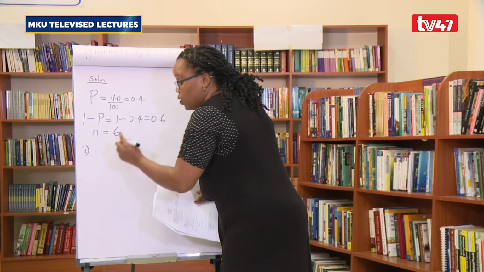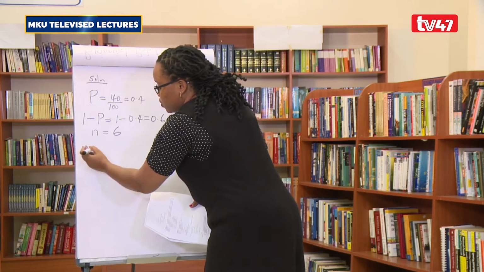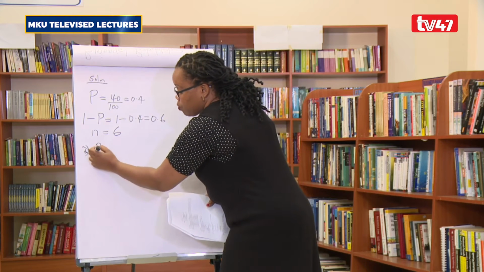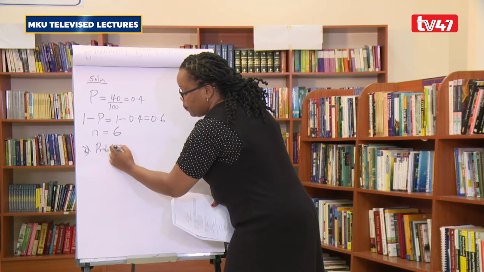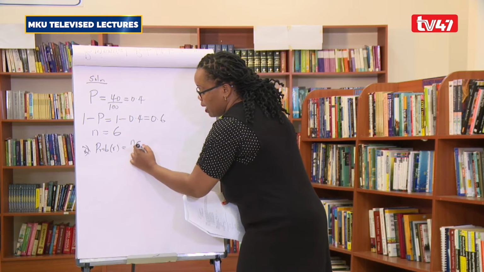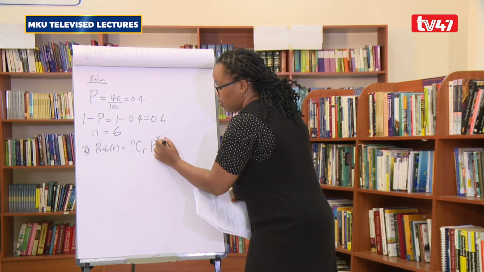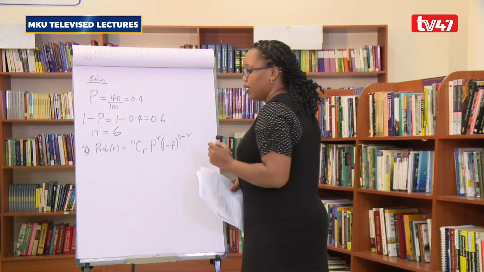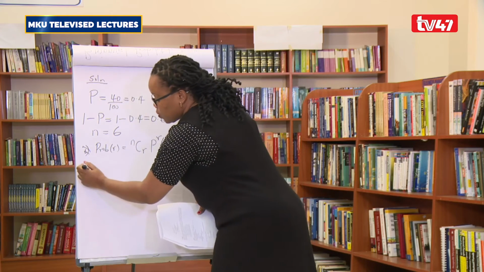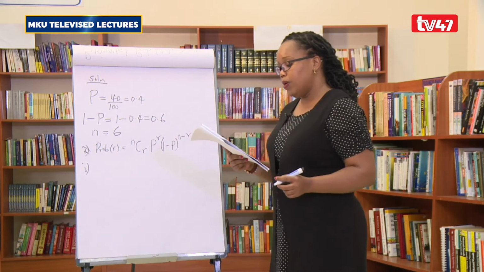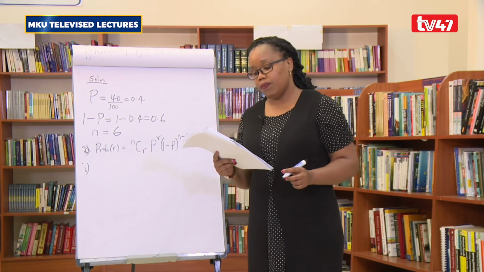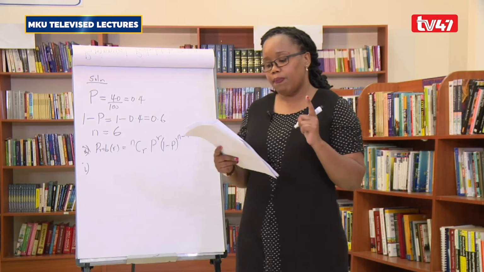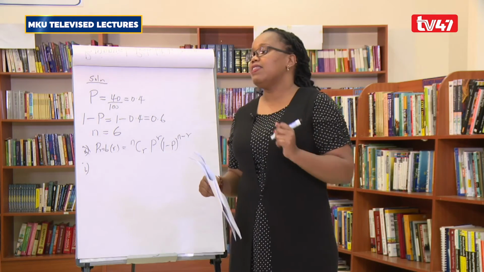The first question, before we do the question, maybe we can define our formula. We have said probability of R is N combination R, P raised to power R, 1 minus P raised to power N minus R. So the first probability of interest is to find the probability that only one person had the disease.